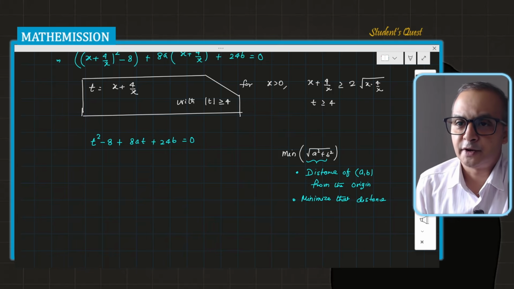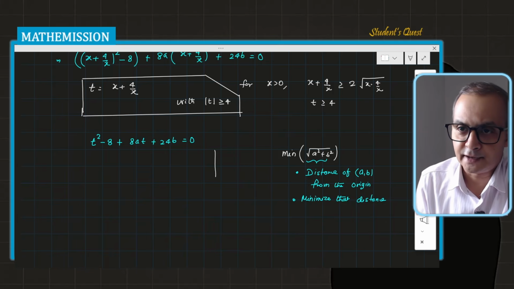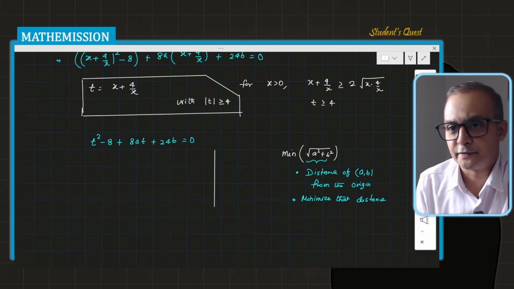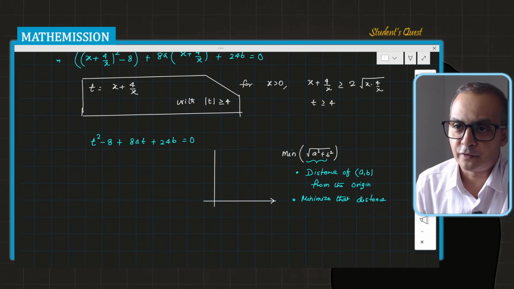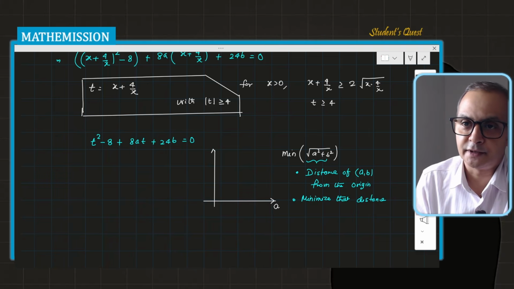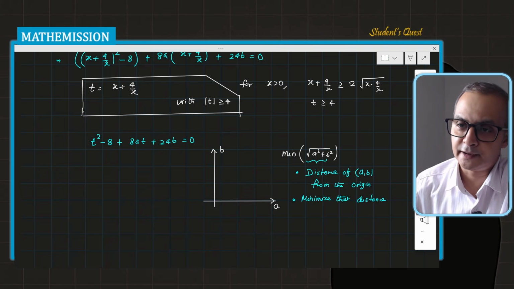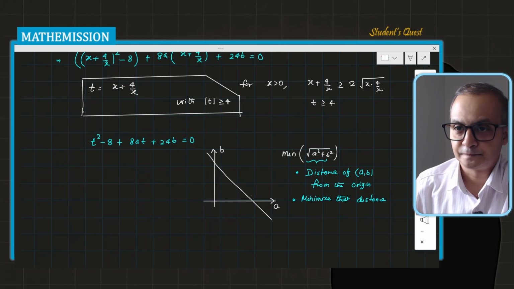So what we interpret from here is that suppose I have a straight line in the a-b plane, and this (a, b) is a variable point in this plane lying on that line.